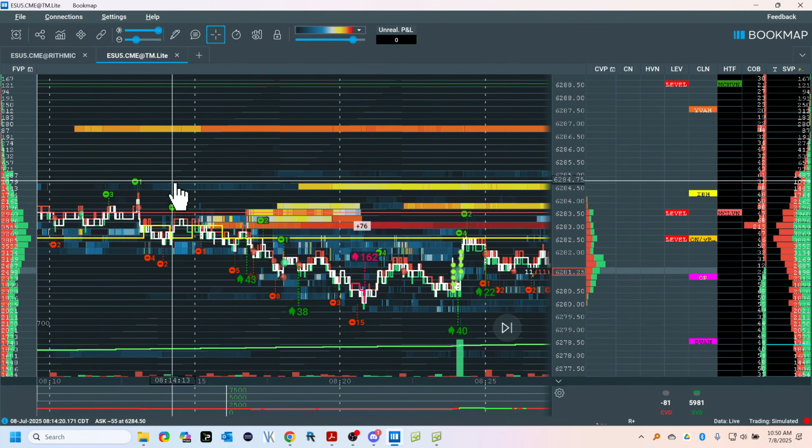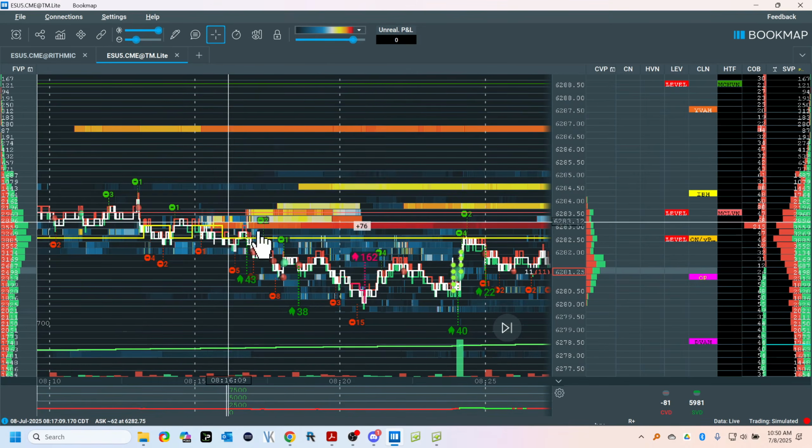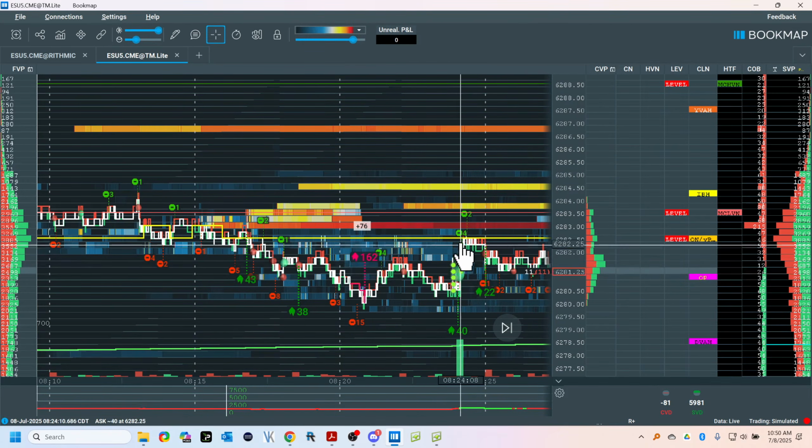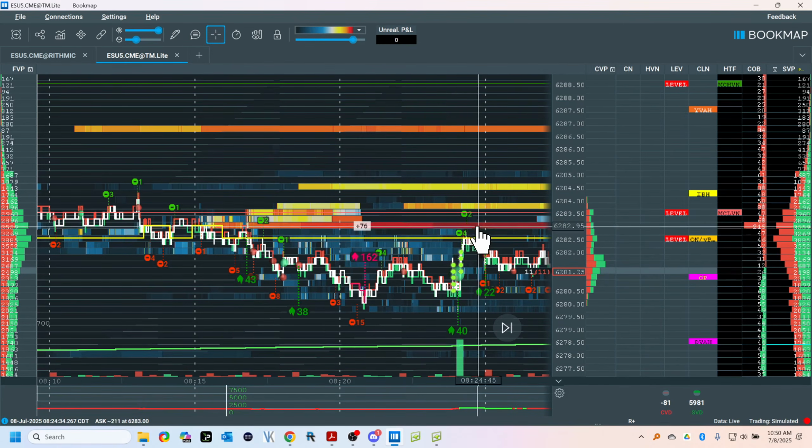And the bubbles are delta. So what we want to see is if the buyers come up into this, what happens? Are they buy stops? It's going to be across some initiators and buy stops. And are the icebergs taking the other side of the stops? So that's a piece of this.